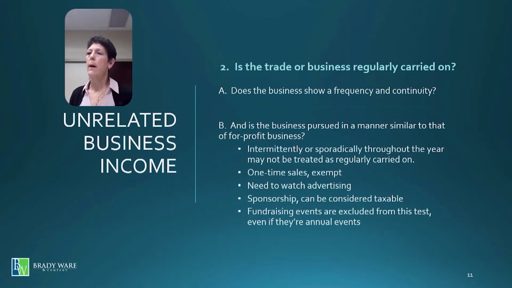When you're trying to answer this question, an annual event like a fundraising event, the IRS is saying, yes, that's regularly carried on, but we don't consider a fundraising event a trade or business, or it doesn't pass the test of frequently and consistently carried on.